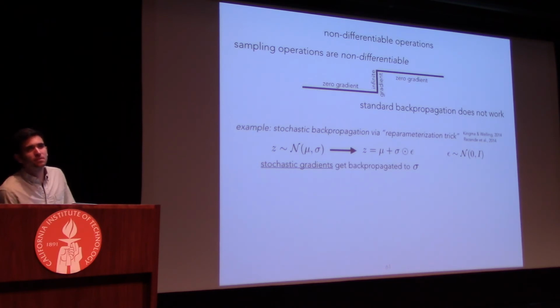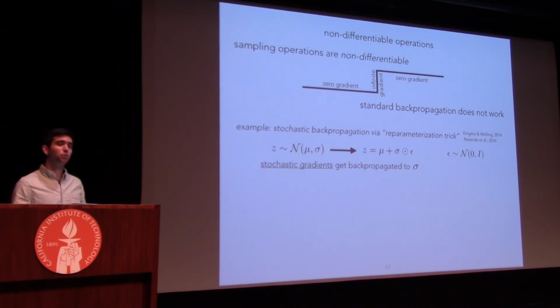Yep. So with convolutional networks, you have pooling layers, which are effectively a sampling operation. How do you deal with that? Yeah, so in a pooling layer, you're actually only backpropagating gradient through to the value that was selected out of pooling. So you can backpropagate through that operation.